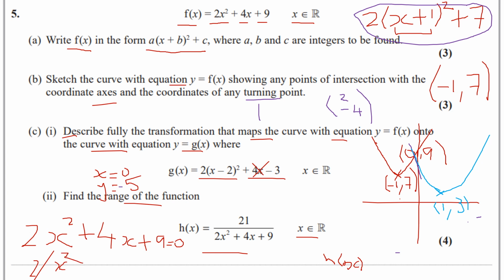Why is my keypad being funny now? So I think here, h of x will always be greater than or equal to 0, or greater than 0.